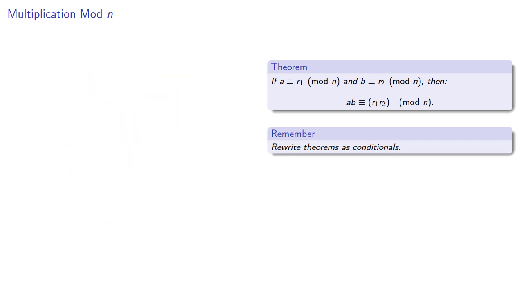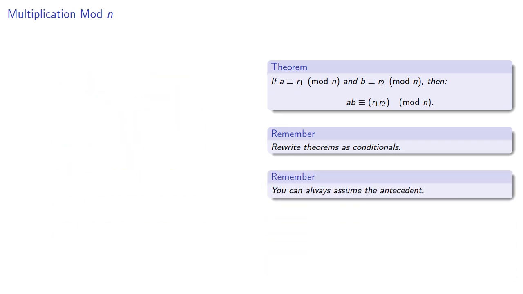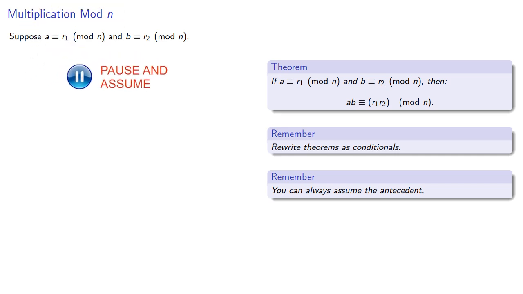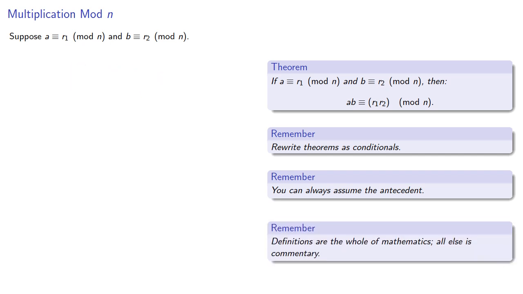So the reason that this is useful is that you can always assume the antecedent, the if portion of the conditional. So suppose A is congruent to R1 mod n and B is congruent to R2 mod n. Remember, definitions are the whole of mathematics, all else is commentary.